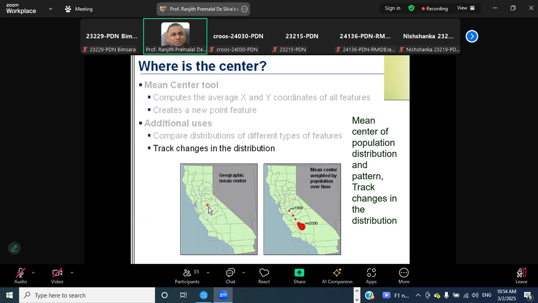You can see that it is moving very fast, not like before. So you can track changes in the distribution.